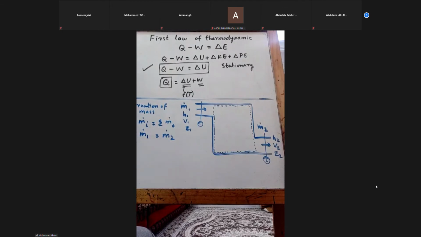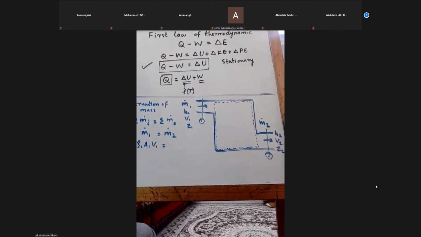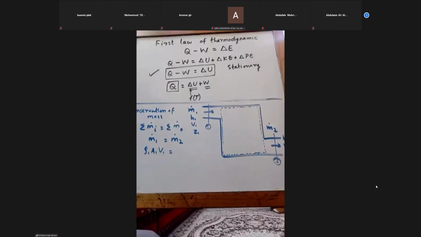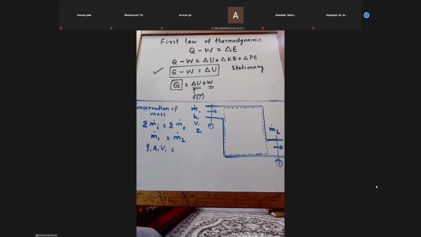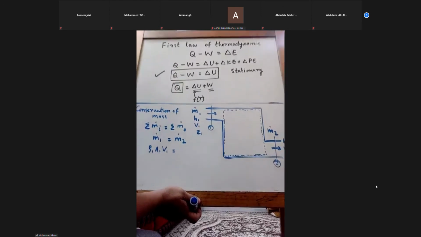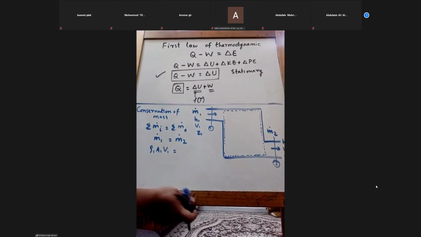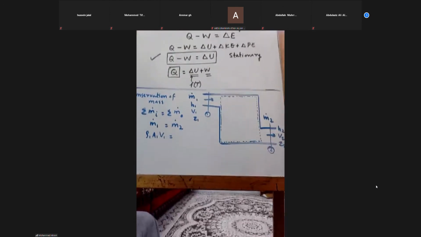And what is the equation for this? rho 1, A1, V1. Remember, we studied this in fluid mechanics.